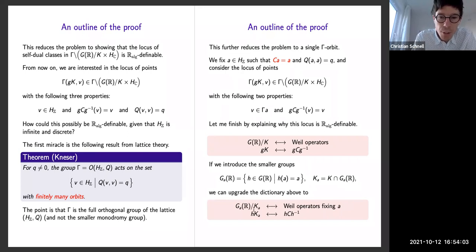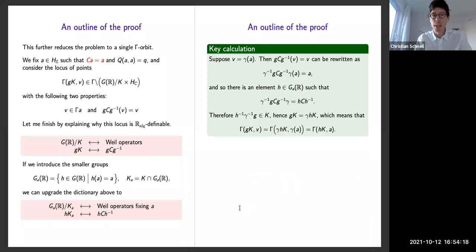Okay, and so now I'm going to use this group to define this locus. I'm going to show that the locus of these self-dual points is basically itself a symmetric space coming from the smaller group. So here's the calculation that you have to do for that. Let's take a self-dual class in this orbit.